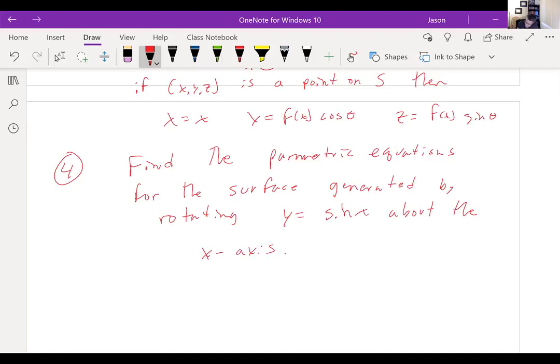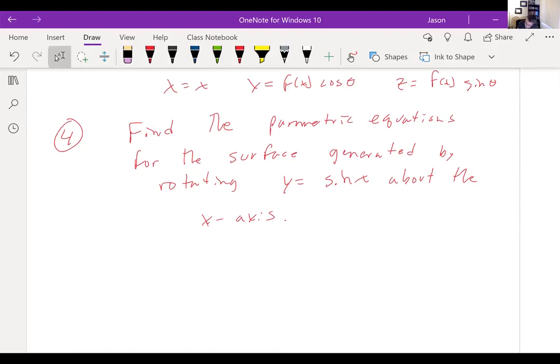Well, x is equal to x, right? And y is going to be equal to f of x, which is sine of x, times the cosine of theta.